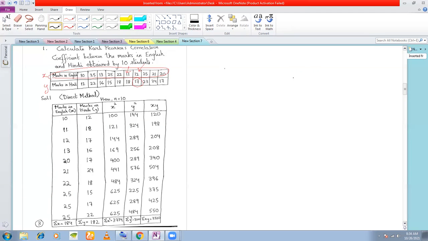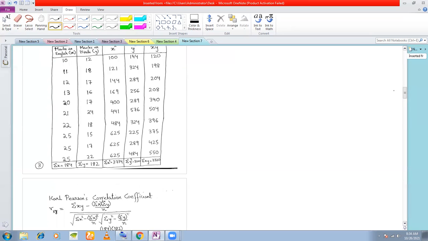I'll now show you the formula. The correlation coefficient between two variables X and Y is denoted by Rxy, or sometimes also denoted by rho xy.